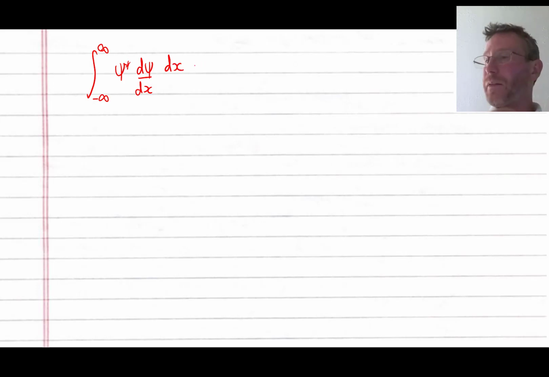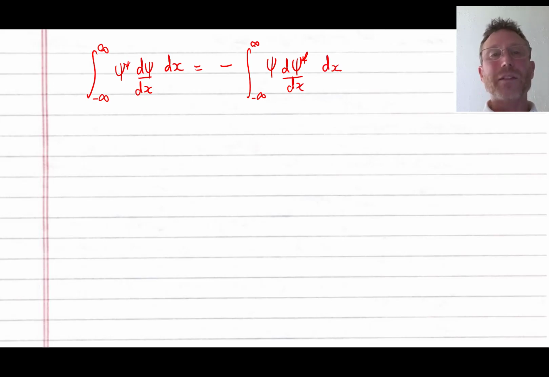Putting the limits in now, the integral of psi star d psi by dx dx is equal to minus the integral of psi d psi star by dx dx, putting the limits in again. Okay, so this we know is true from our integration by parts approach.